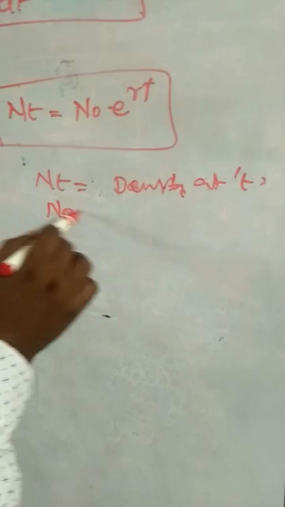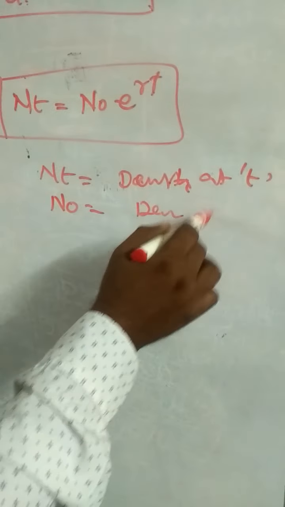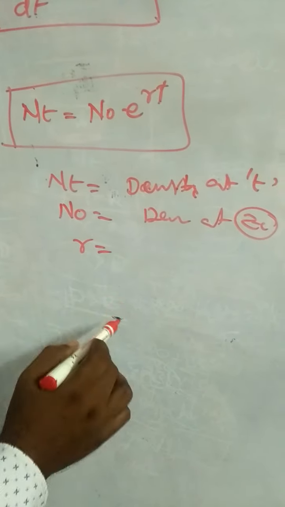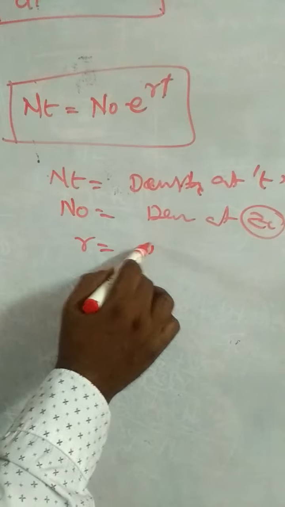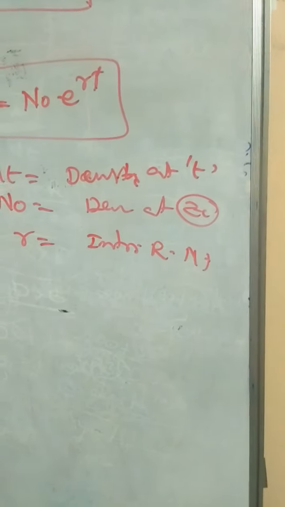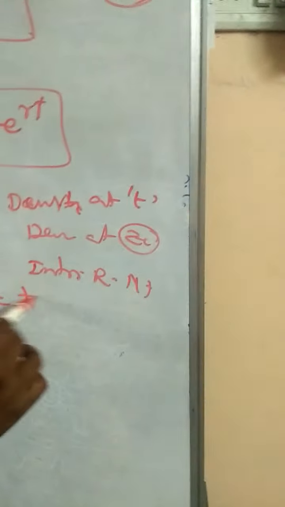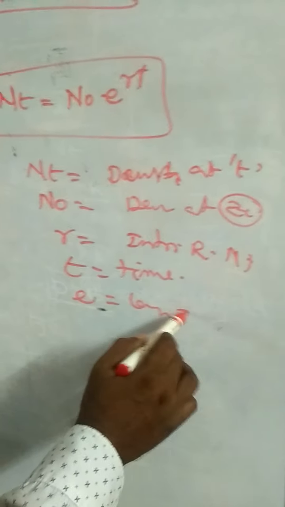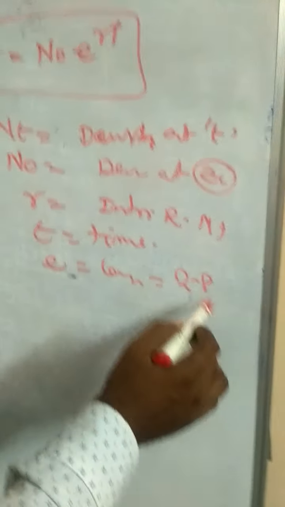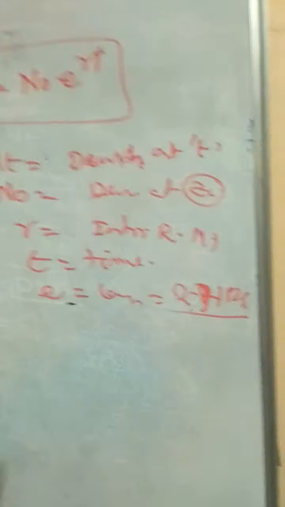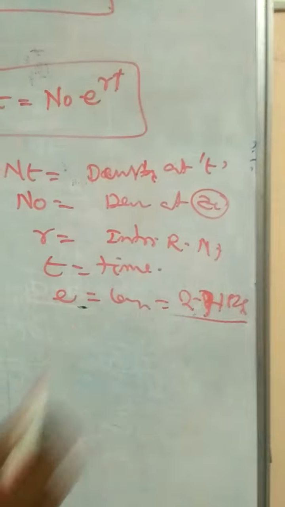N naught is population density at zero time. r is the intrinsic rate of natural increase, t is time, e is the base of natural logarithms, that is 2.71828.